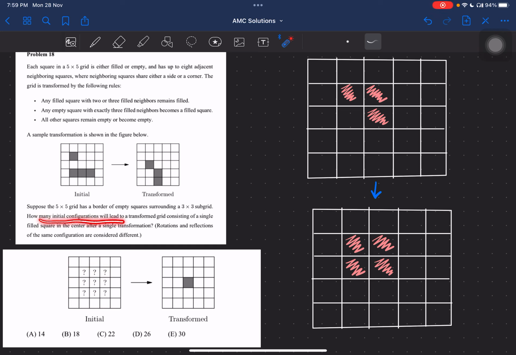How many initial configurations will lead to a transformation which contains only a filled square at the center? So you have a filled square, and we want to know how many initial configurations there are so that after you do one transformation, this filled square will come.